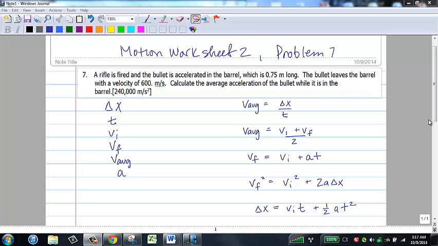Typically, it would be referred to as just acceleration, calculate the acceleration, or calculate the uniform acceleration, or calculate the constant acceleration. Average acceleration seems to imply that the acceleration is changing, and we are finding the average of a bunch of different values. That's actually not the case here. The acceleration is probably uniform.